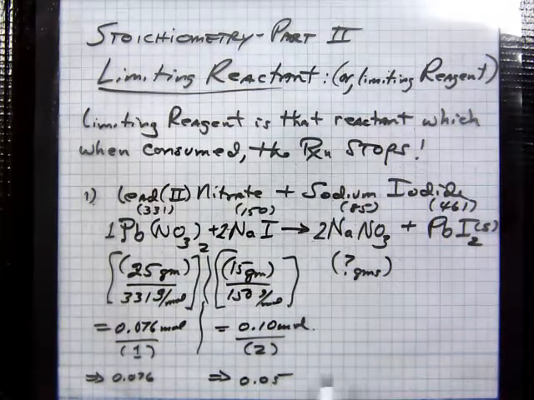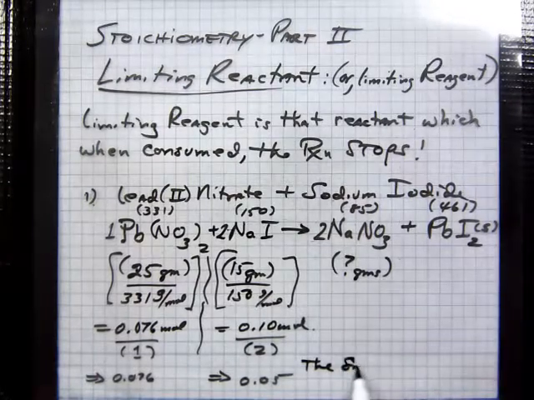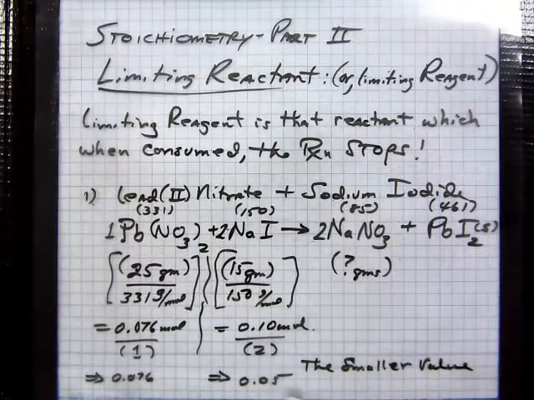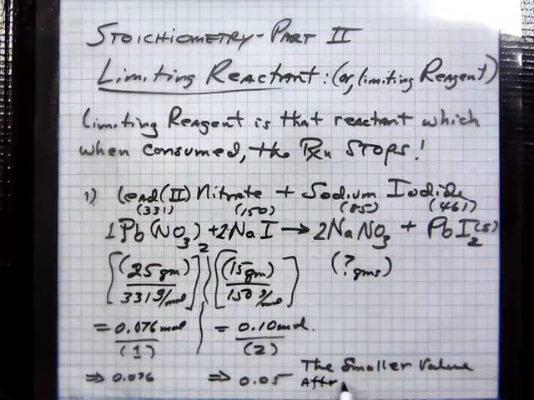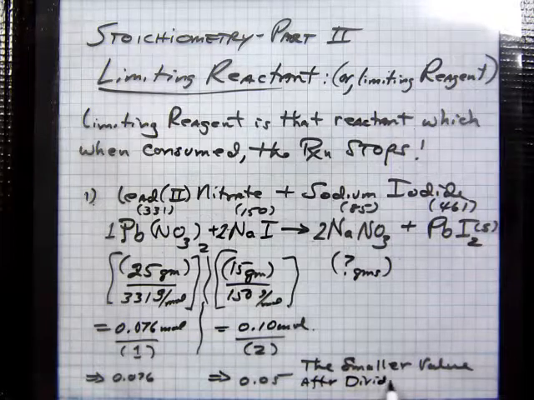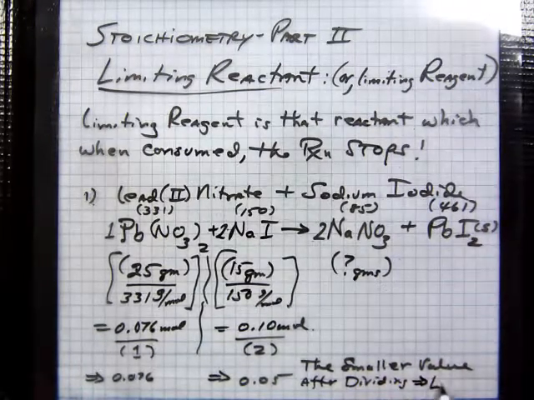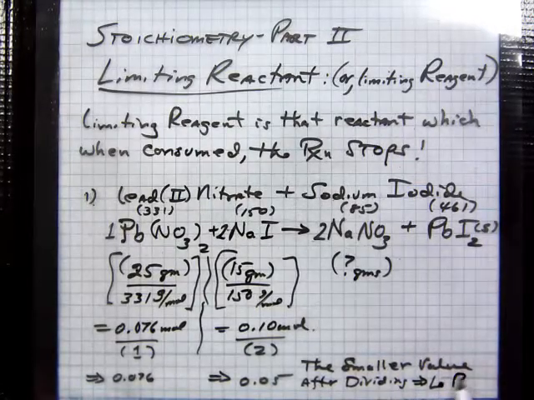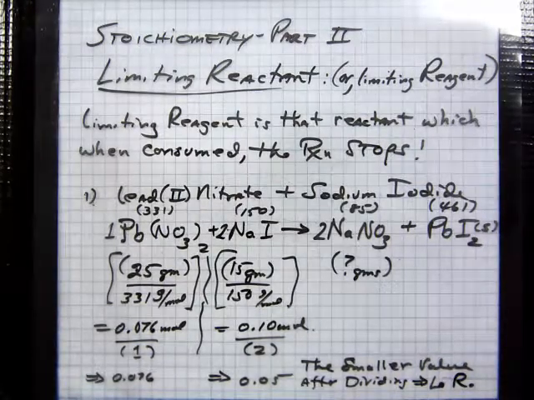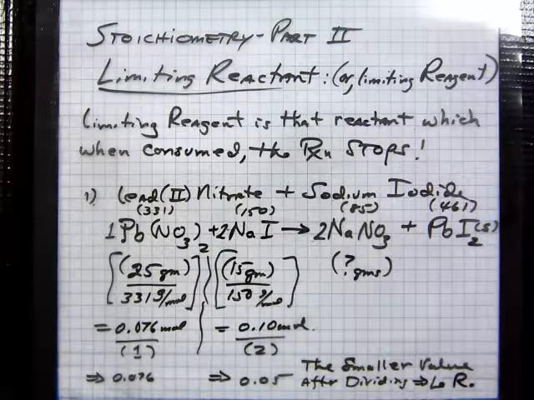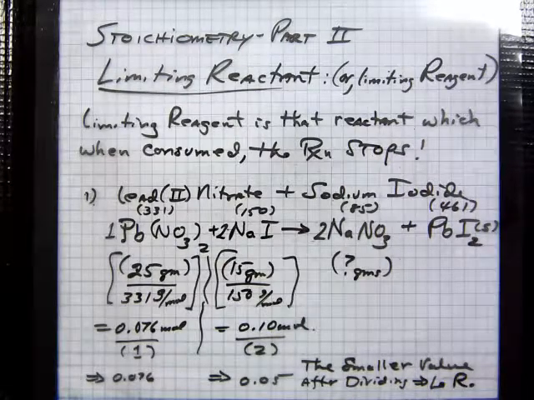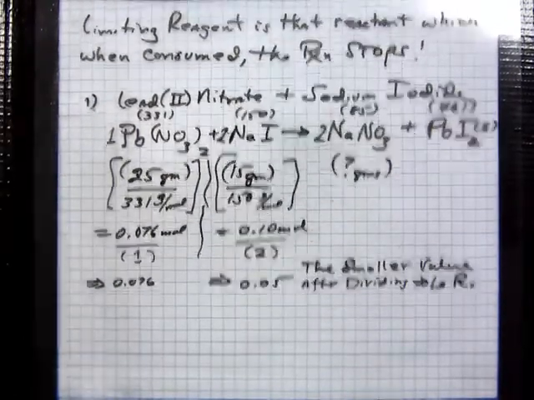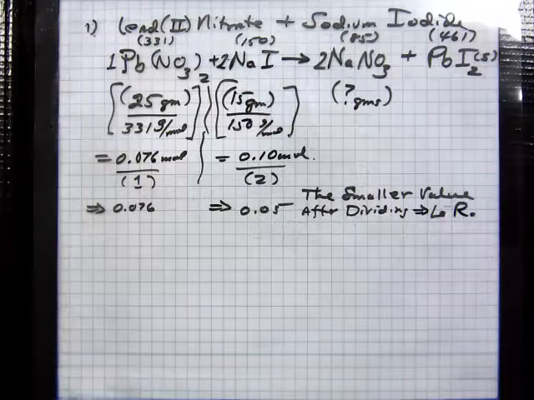The smaller value after you divide is the limiting reagent. That's true for any reaction you work. However, when working the problems, you must go back to the limiting reagent mole and work it from there.